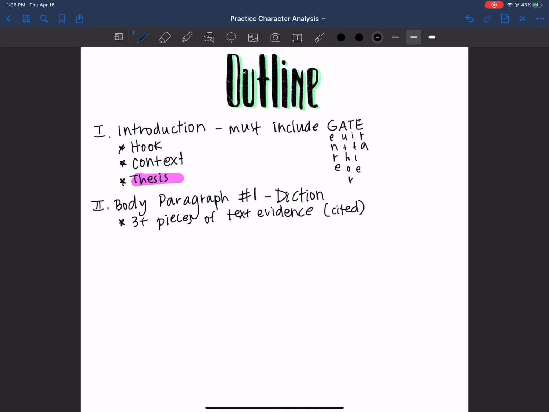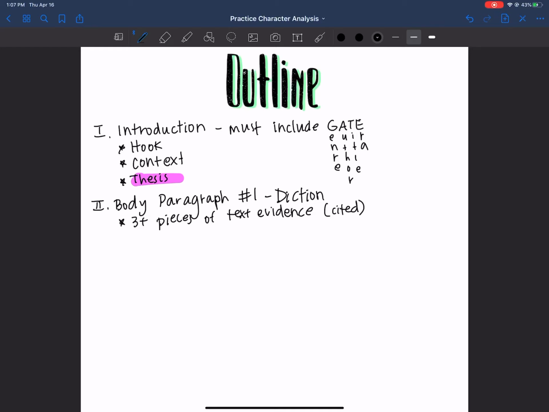So 3+ pieces of text evidence. I will tell you, people who have more evidence, as long as it is actually commented on and analyzed, they tend to do a little bit better. If you are only looking at 1 or 2 pieces of text evidence per body paragraph, that's just not enough to accurately and fully, I guess, prove your assertion.